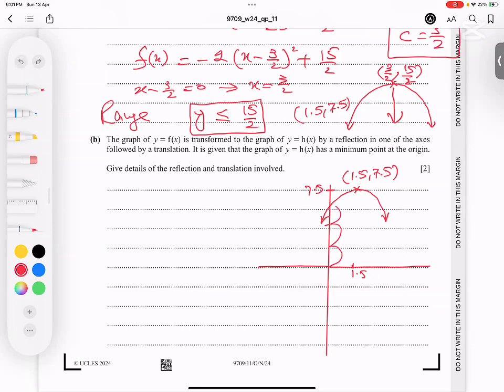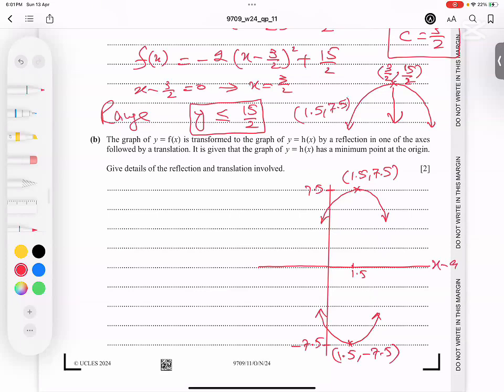So 1, 2, 3, 4 box up, 1, 2, 3, 4 box down, and we have this kind of curve. And this point, x will remain same, no change, but y value will become negative. So check it, negative 7.5. So this is the answer after reflection in x-axis.